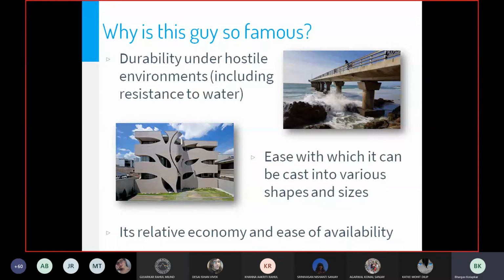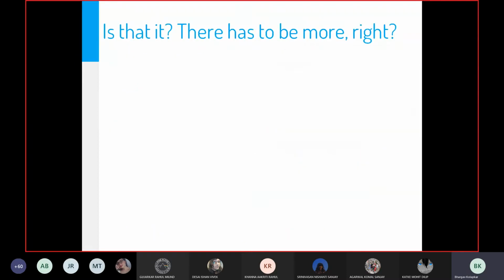And then, of course, the cost factor, which spearheads the extensive use of concrete. So the relative economy and the ease of availability. All the constituents of concrete that are required are available almost everywhere, and that is one of the reasons why it is so extensively used.